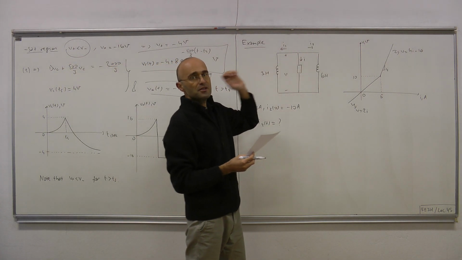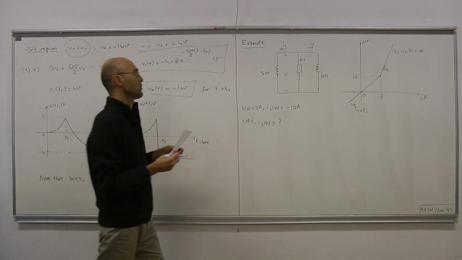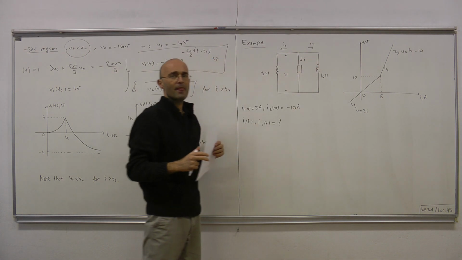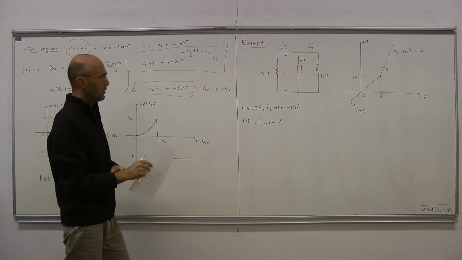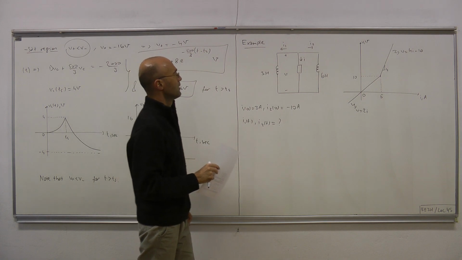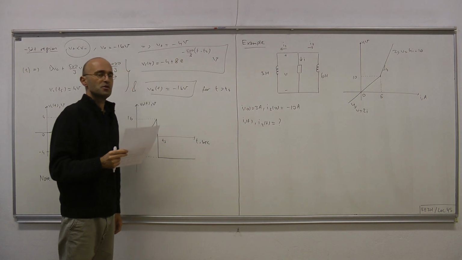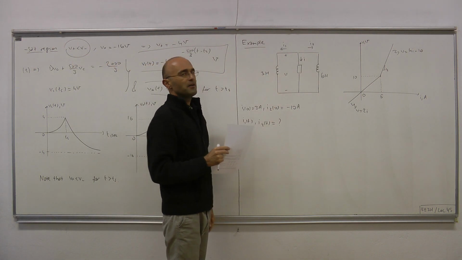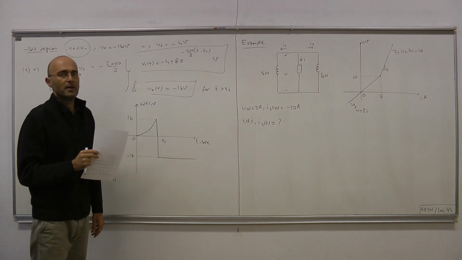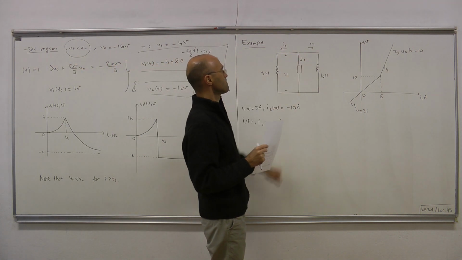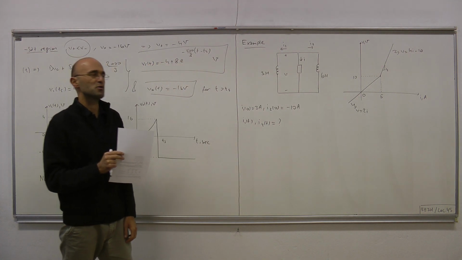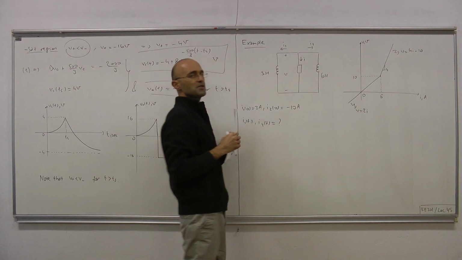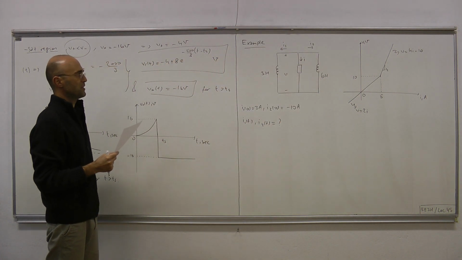First, let's reduce this circuit to a first order circuit, which we can do because we have two inductors connected in parallel, and that we can replace by a single inductor whose inductance will be the effective inductance. For 3 Henry, 6 Henry in parallel, that effective inductance is 2 Henry. So as far as this piecewise linear resistor is concerned, these parallel inductors can be replaced by a single inductor whose inductance is 2 Henry.